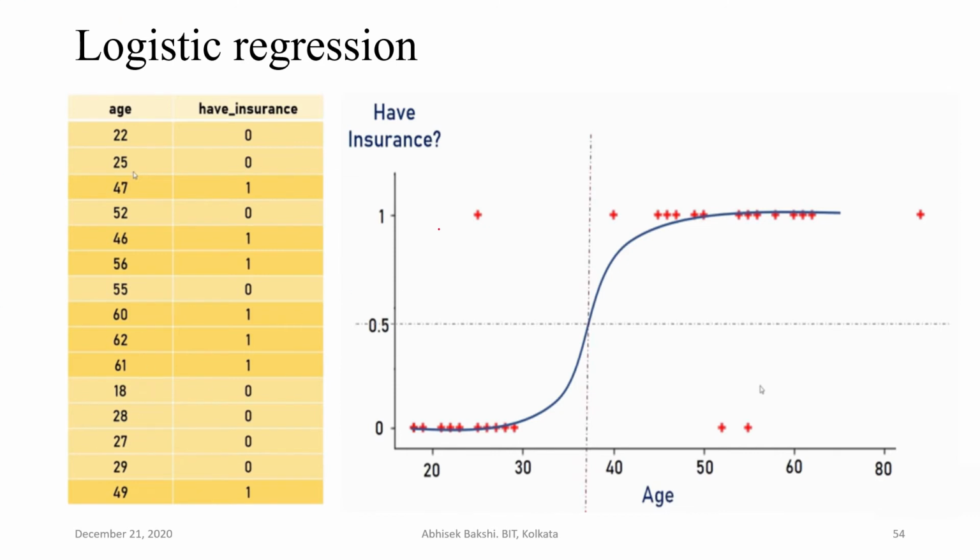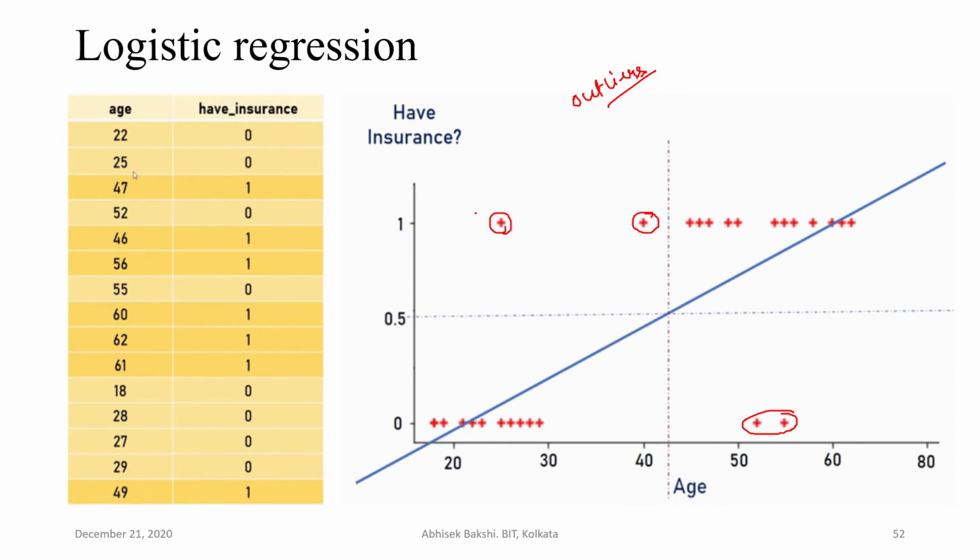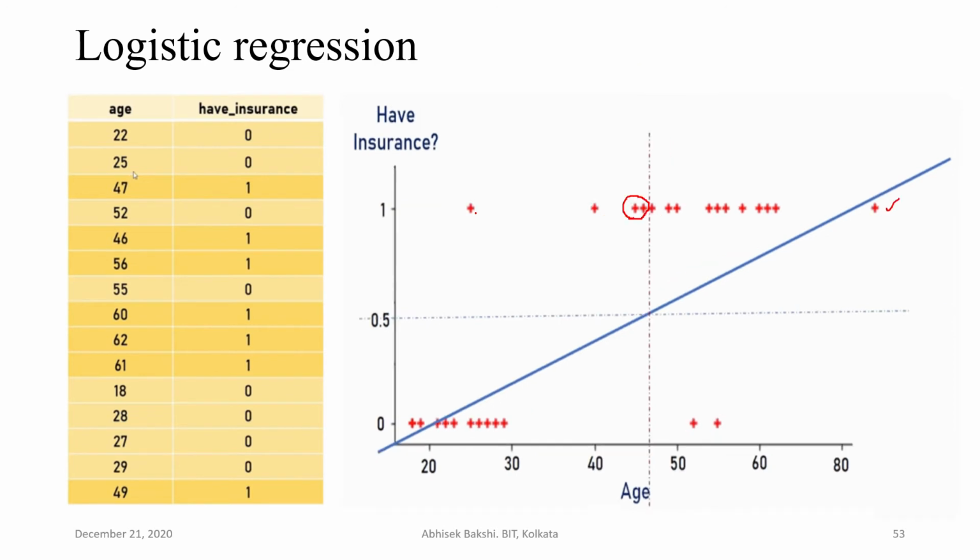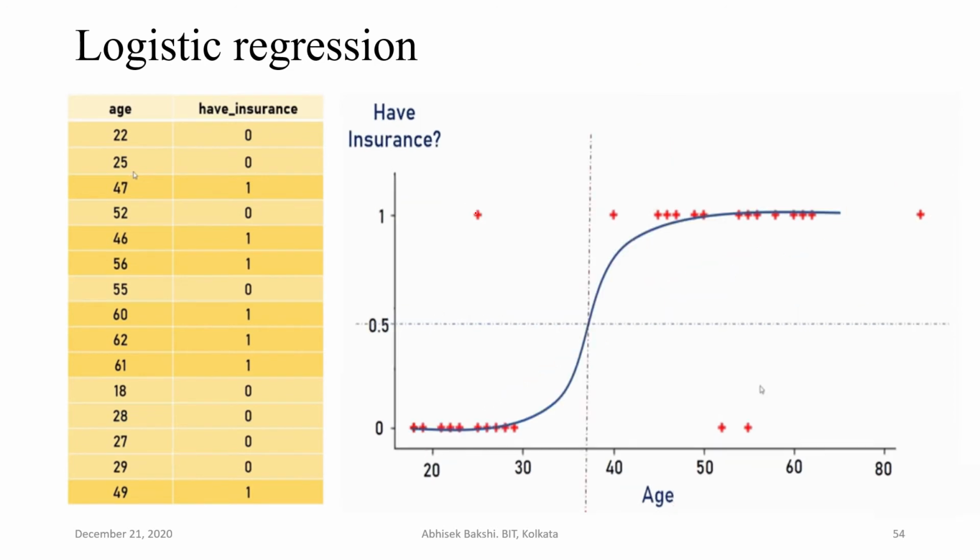We have only one outlier, presented over here, right? But in the previous case, we had two outliers. So naturally, I can say that this particular curve is fitting better. This is typically what we call the sigmoid function.